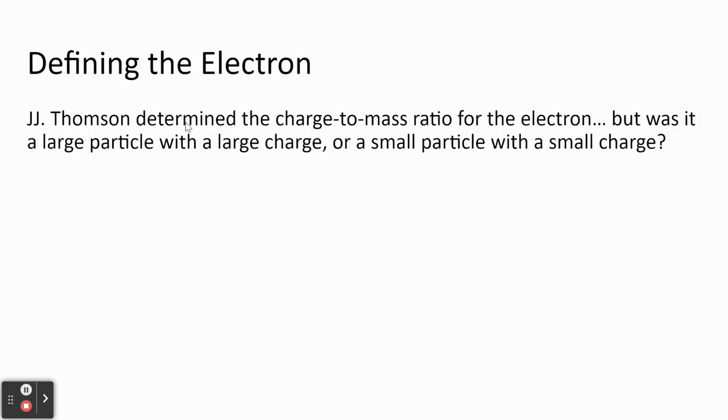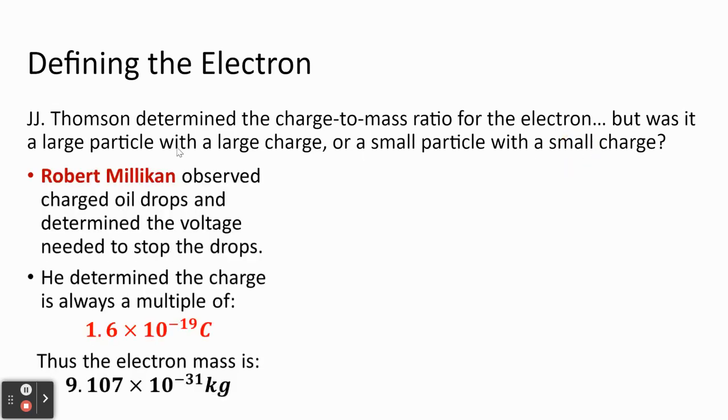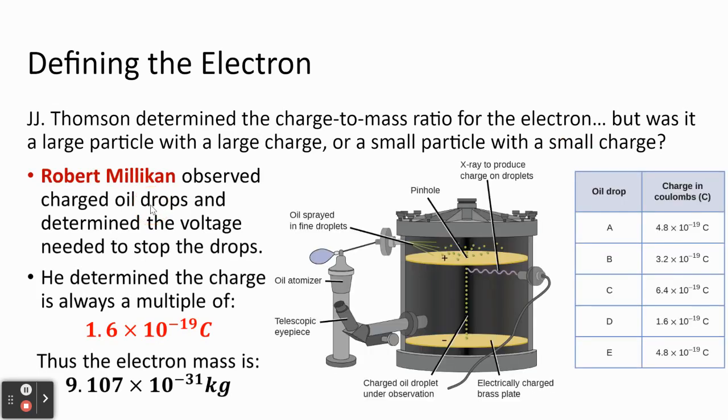Now, J.J. Thomson came up with the charge to mass ratio, but he didn't know whether those electrons were large with large charges or small with small charges. So Robert Millikan did an oil drop experiment where he charged those oil droplets and then exposed them to a voltage until the oil drops stopped dropping.